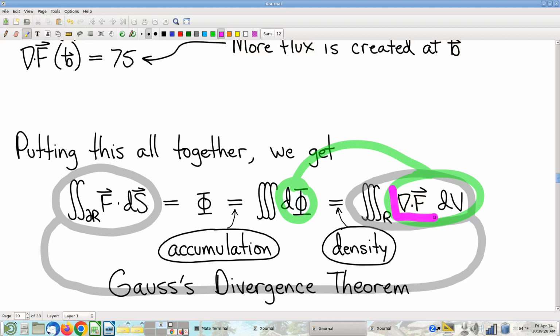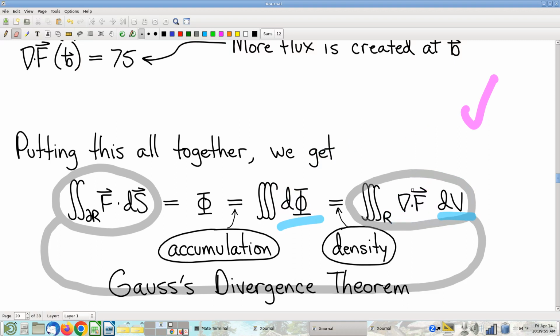Keep in mind, divergence is our flux density. So this equation I have in green could be streamlined as flux equals flux per unit volume times volume.